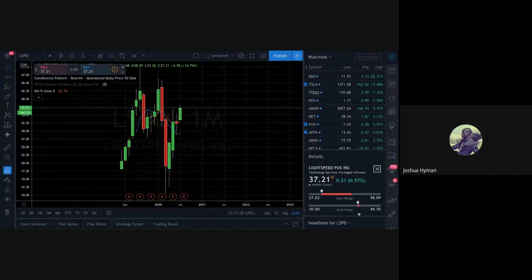I always use a platform or an app which gives you real time, and then once you see that, or even some of these apps, you can set up alerts to say, I want to buy this stock today.